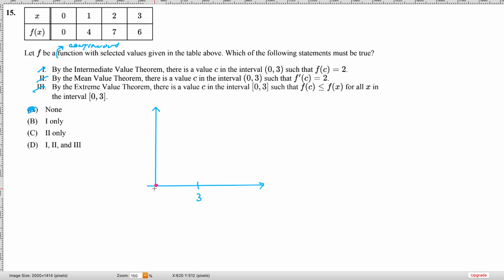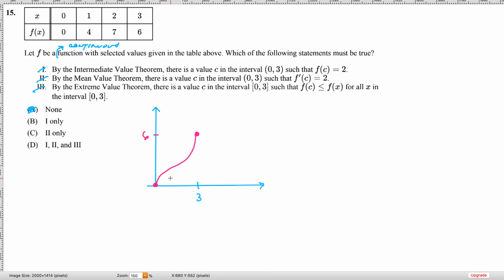It tells me that f of 0 is 0. So that's a point. Then it tells me that f of 3 is 6. Let's say that this is 6 up here. Another point. Now, I know that f is continuous, so f is going to go continuously from this point to this point.